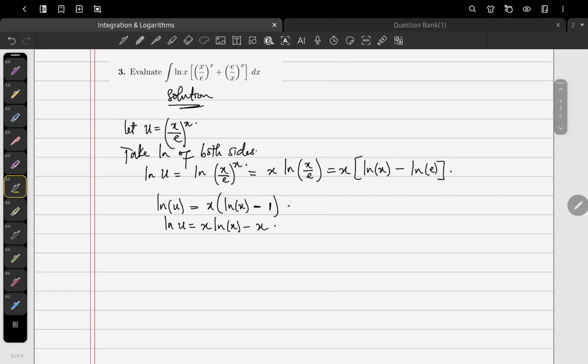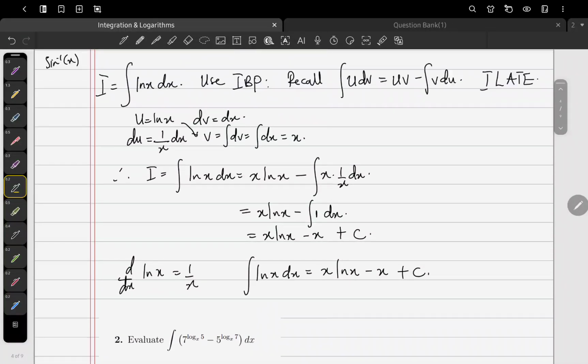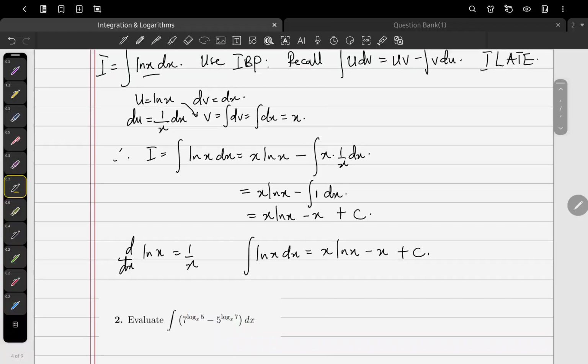So we need to differentiate both sides now. If we differentiate the left hand side, we get 1 over u du/dx, that is using chain rule. And on the right hand side, we could decide to use product rule on this. But of course, this is looking familiar. We've seen that the integration of natural log of x is x ln x minus x.